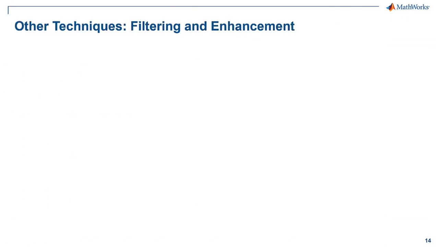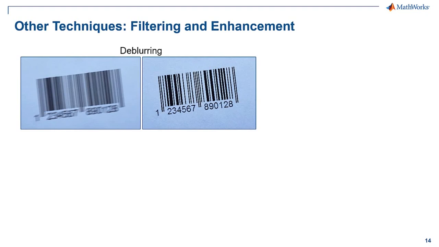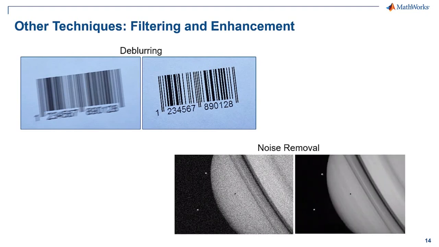Now what we have seen in our demo were just a couple of simple enhancement techniques, but there are many other techniques available in MATLAB to use depending on our problem. For example, deblurring, which is very useful when you're trying to remove blurring from your images, or image filtering techniques to remove noise in images. You can learn more about filtering and enhancement techniques by referring to the link in the description below.